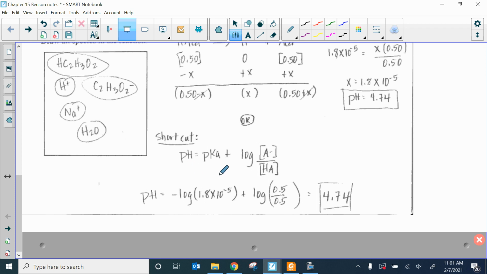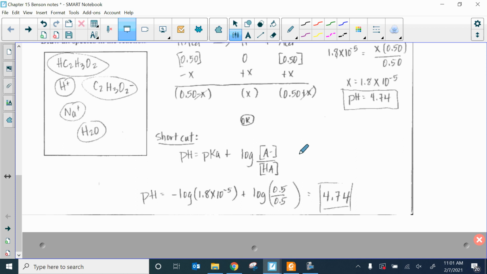That pH is equal to our pKa, so the negative log of our Ka, plus the log of the conjugate base over the acid. So you can see I just substituted everything in. The pH is equal to the pKa plus the log of the base over the acid, and I got 4.74, exactly the same. Now, it doesn't matter which one you use.